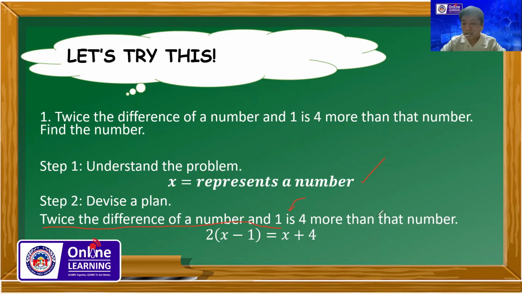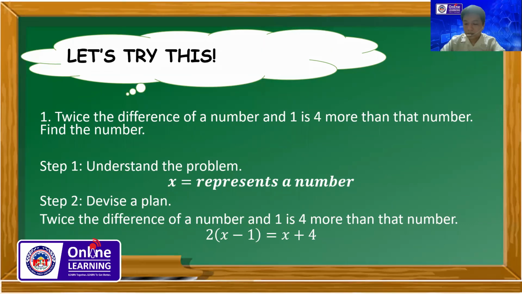If we say more than, we are talking about the operation addition. So 4 more than that number gives you x plus 4. The interpreted equation is 2 multiplied by the quantity x minus 1 equals x plus 4.